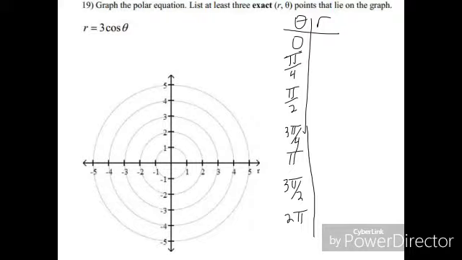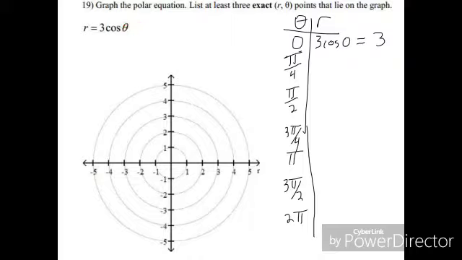Starting off, 0. We plug that in for theta, and we get 3 cosine 0. Cosine 0 is 1. 3 times 1 is 3. Plugging in pi fourths.